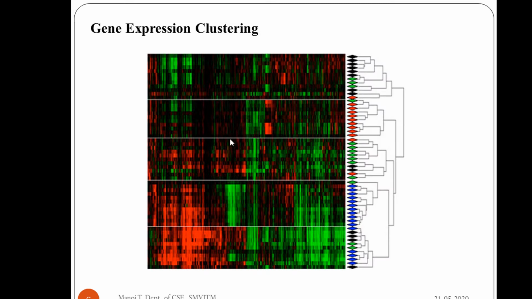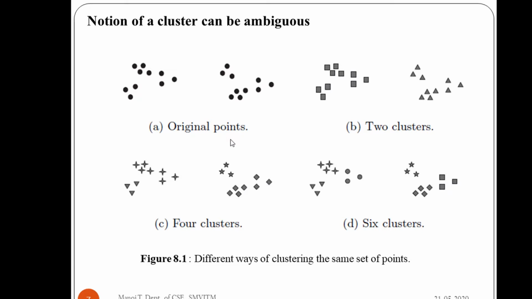This is an example for gene expression clustering. Then let us look at the notion of a cluster. Usually when a chunk of data or data objects are given to us, the notion of a cluster is very ambiguous. Consider this particular figure where we have a set of original points. It can be clustered in various ways.